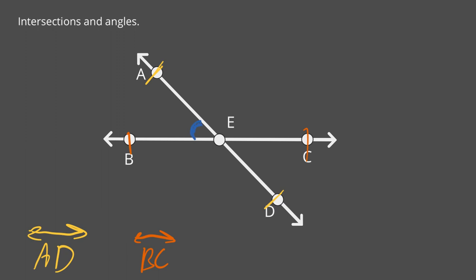We can describe this in two ways. We can call it AEB, or in reverse, BEA. So let's write it in both ways. We use the angle symbol, and then we write the letters AEB, or angle BEA.